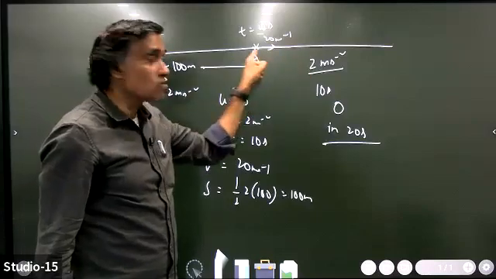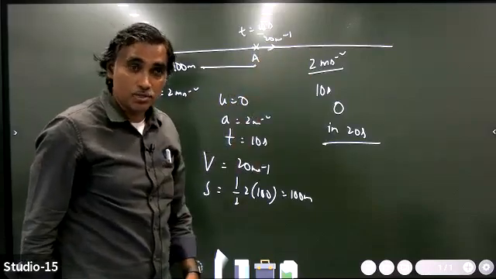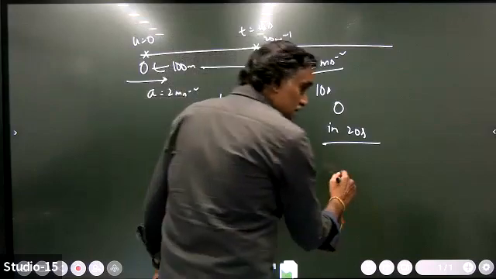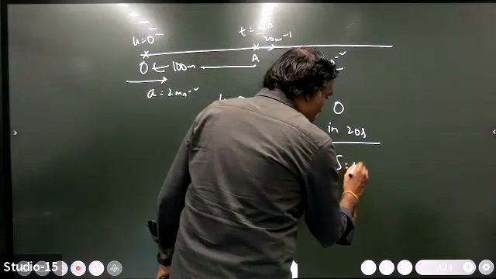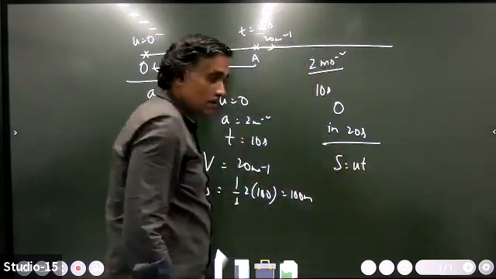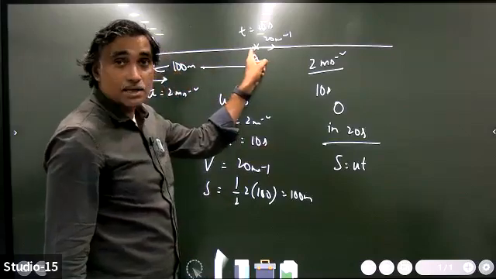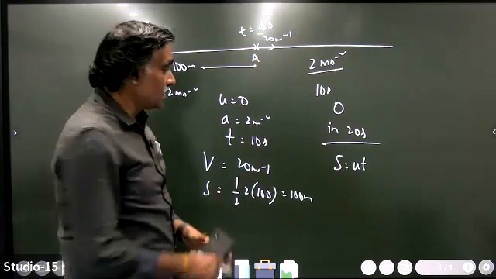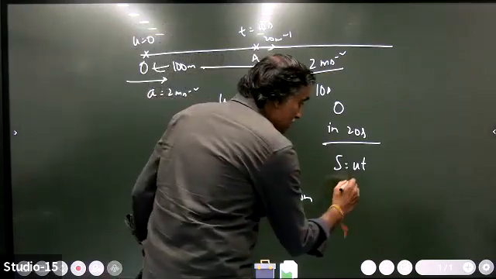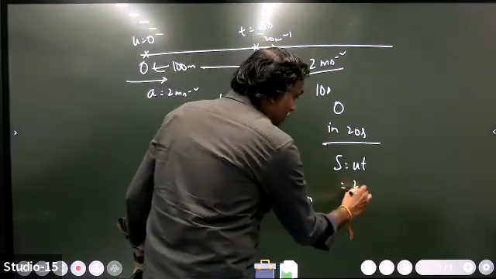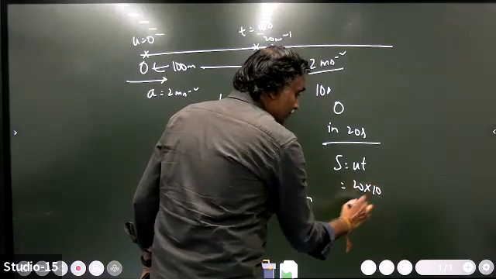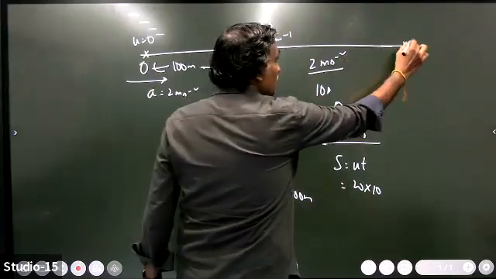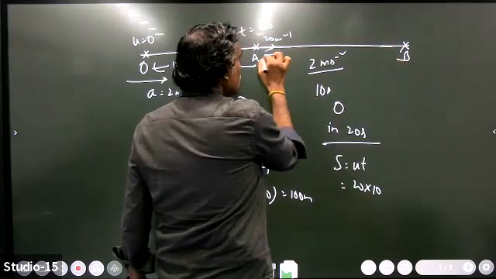Next 10 seconds, it is going with uniform velocity, no acceleration. So what is the formula we use for the next 10 seconds? s is equal to ut. Whatever velocity it has acquired after 10 seconds, with the same velocity it continues for the next 10 seconds. So what is displacement in the next 10 seconds? 20 into 10, that is 200 meters. So it will reach some point B.